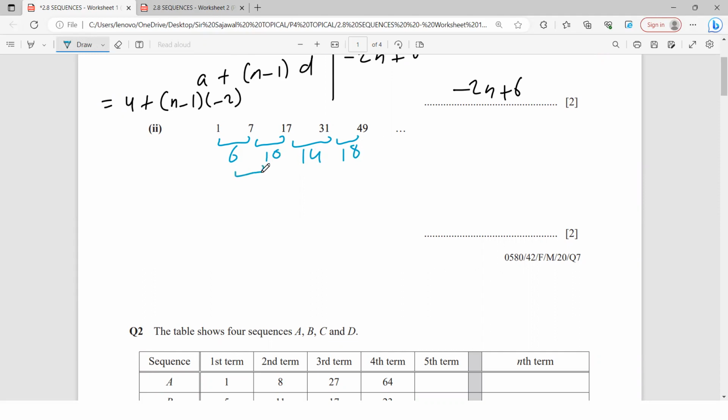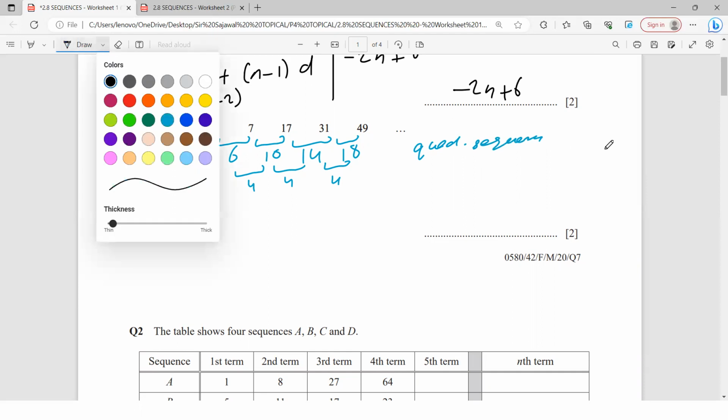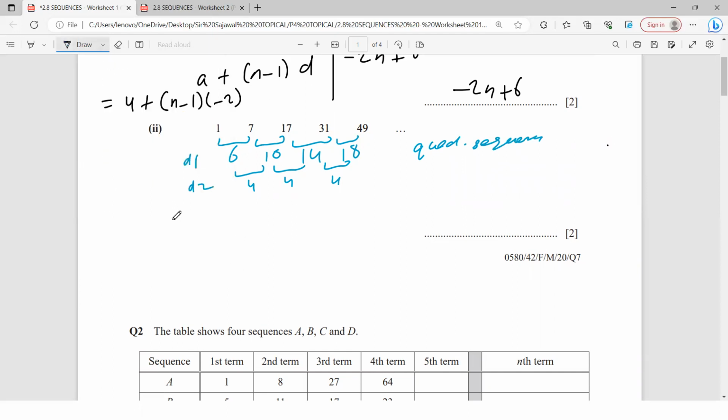What about the second difference? 4, 4, 4. So that means the second difference is the same. So it's a quadratic sequence. Riha was able to solve quadratic sequences yesterday, so you can try again.